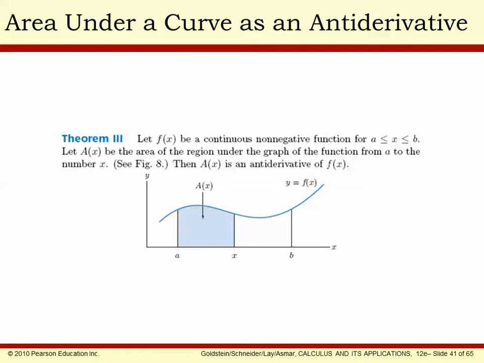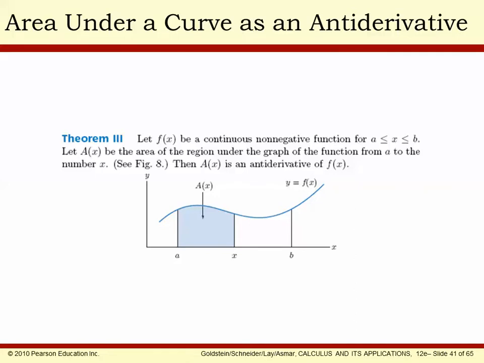So one candidate for this may be, how about x squared from 1 to 2? X squared is a polynomial, so it's continuous everywhere. It's non-negative, because we're squaring, so it's always positive, unless it's 0, but we're from 1 to 2. And since we're between 1 and 2, we also have a bounded interval.